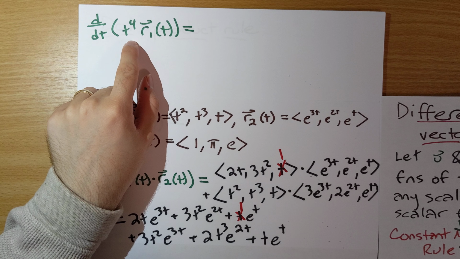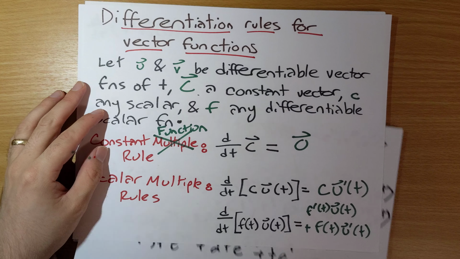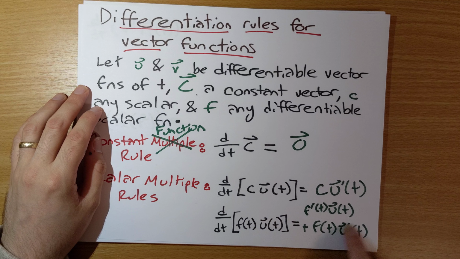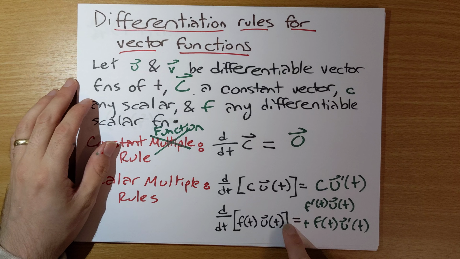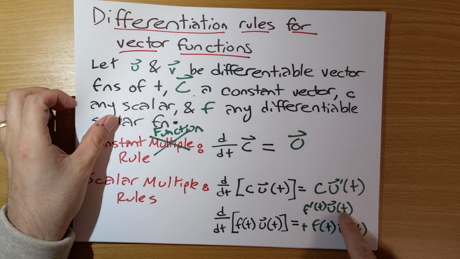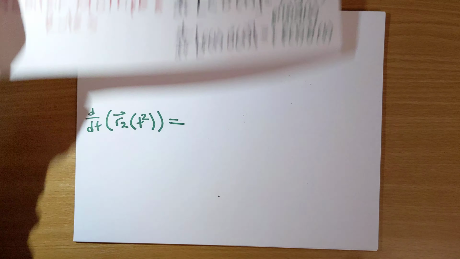This is a scalar function times a vector function. And so this goes into the scalar multiple rule down here. So what do we have? We'll have the derivative of the scalar function times the vector function plus the scalar function times the derivative of the vector function.